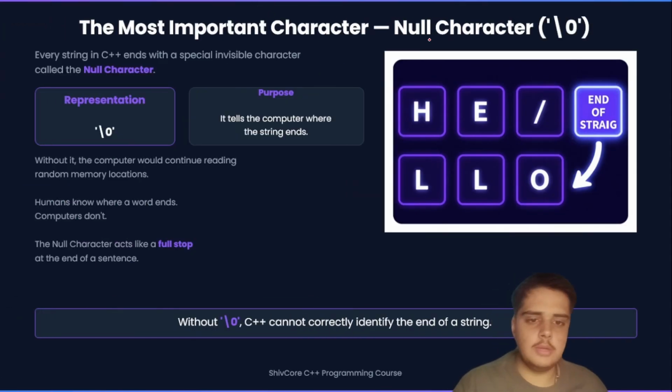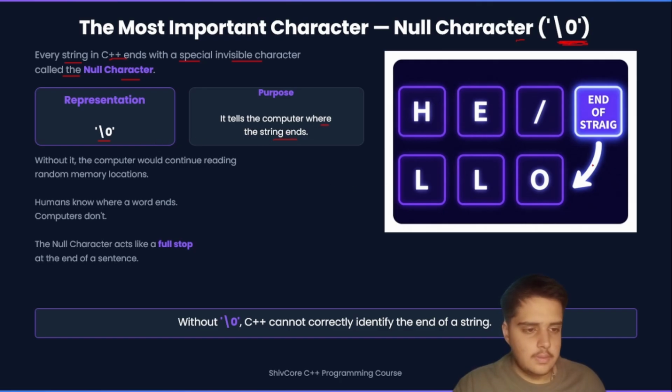Now the most important character, which is the null character. Remember this, it's very important and used in programming. It is backslash and then zero. Every string in C++ ends with a special invisible character called the null character, and it tells the computer where the string ends.